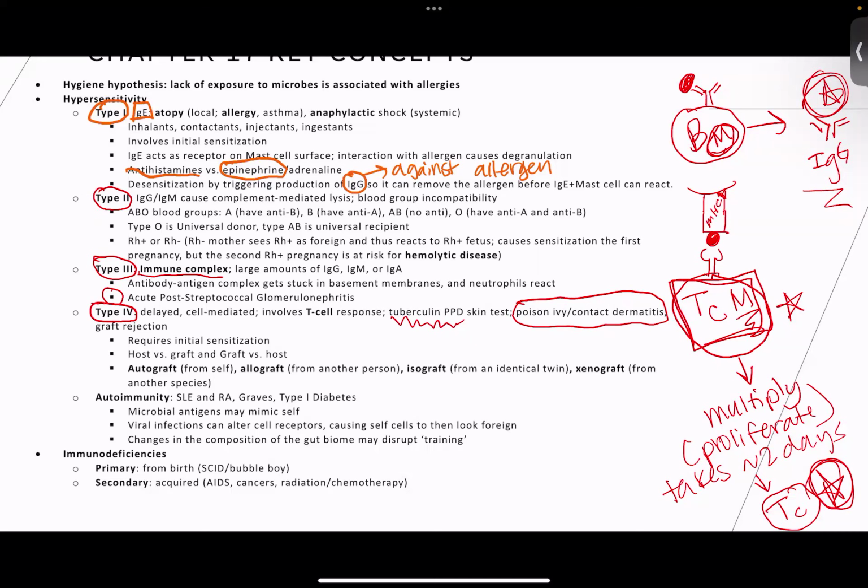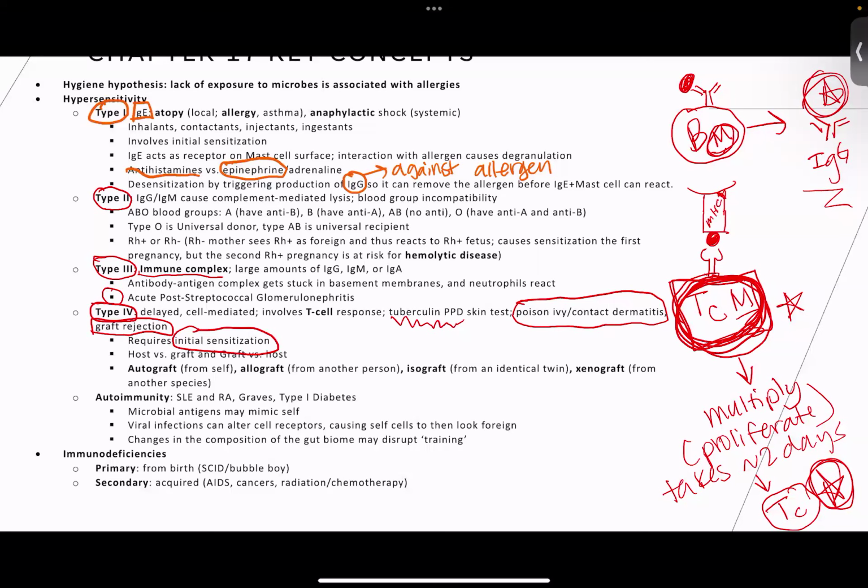So anyways, the graft rejection operates on the same concept. All of these also require an initial sensitization. We were sensitized when we created our memory cell originally in our original response, which we covered in chapter 16. Now the memory cytotoxic T cell has been turned into a memory cell.